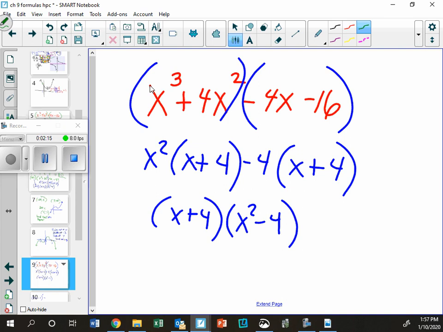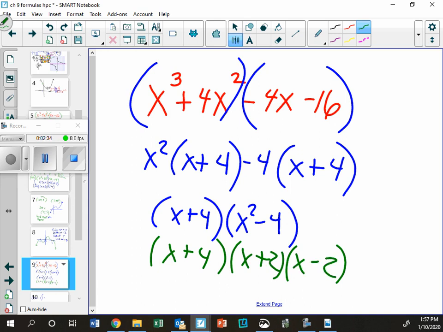What should you have done? Mr. S, did you factor it further? What did you get? What is the square root of 4, though? There you go. X plus 4, x plus 2, x minus 2.